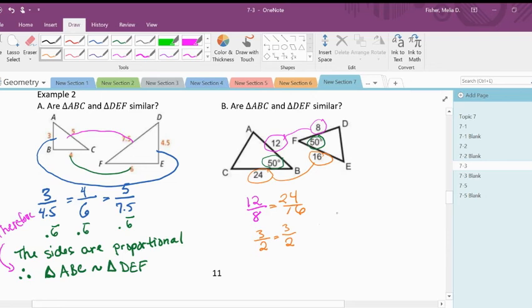And so we have triangle ABC similar to triangle DEF by the side-angle-side similarity theorem, not the congruency theorem.